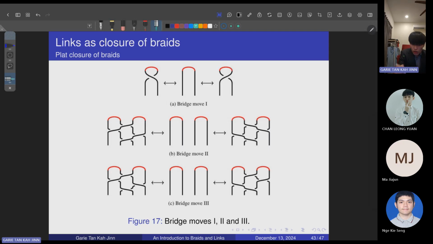We can see that the first is a sequence of Reidemeister move 1 applied on the region that contains the bridge, and the second and third are both sequences of Reidemeister move 2. What is Reidemeister move 2? It's this, and then I do something like this. I just cross between.